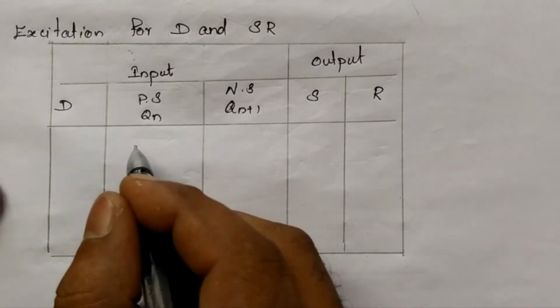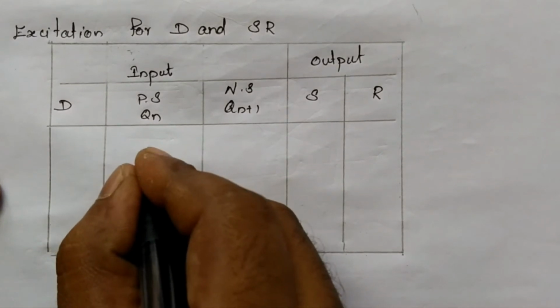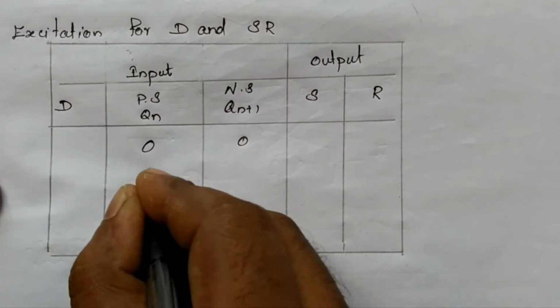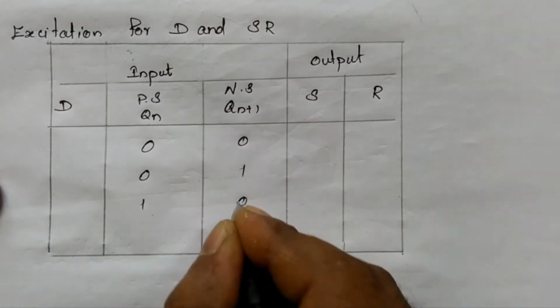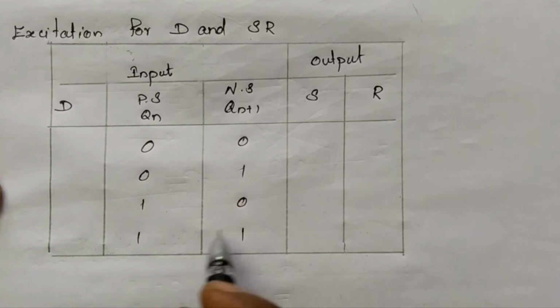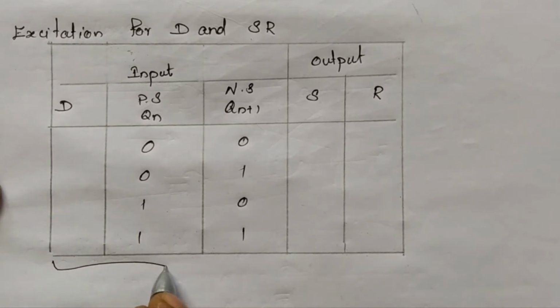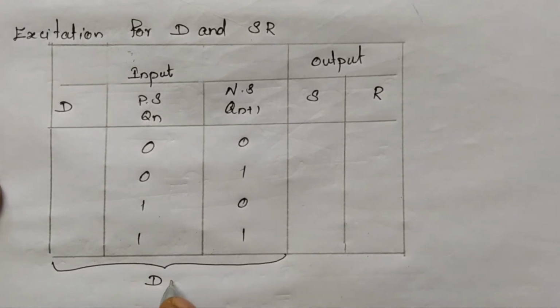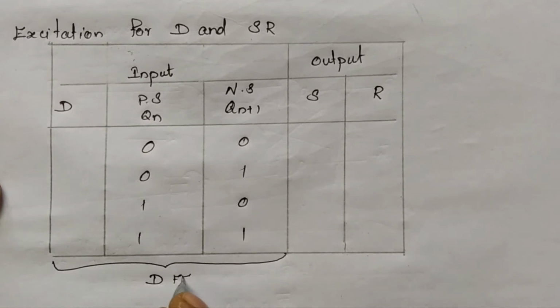So here it's an excitation table. Therefore the present state and next state values will be 00, 01, 10 and 11. First we need to go for the excitation for the D flip-flop. So from here to here it will act as the excitation for the D flip-flop.